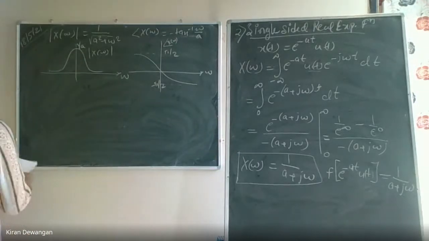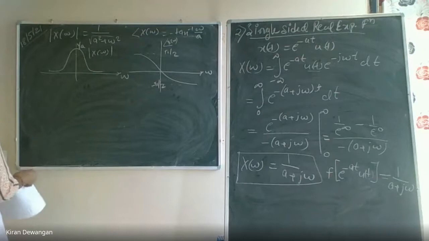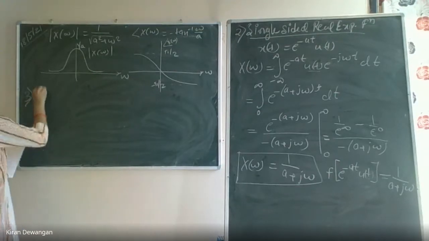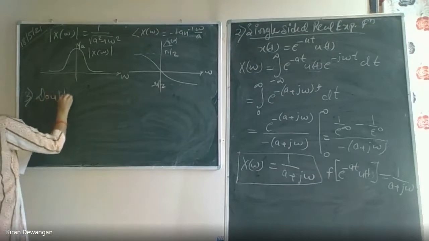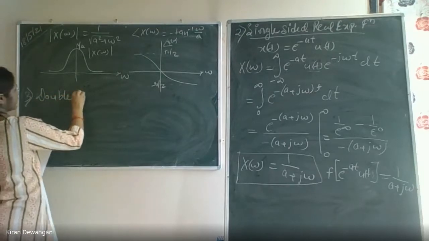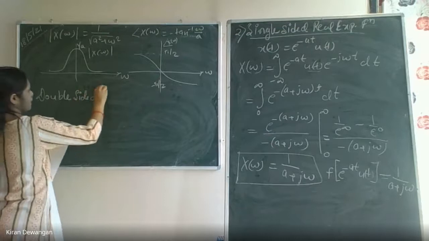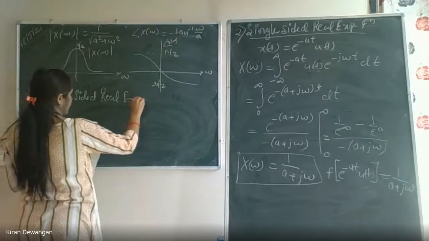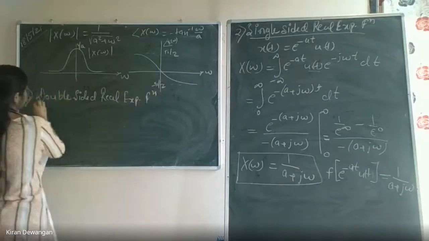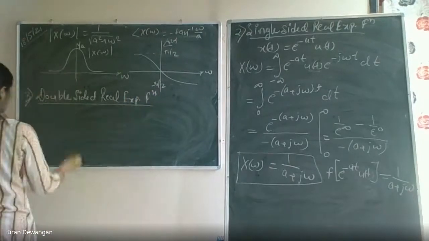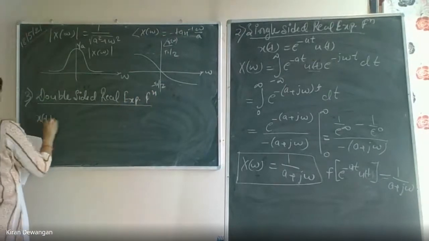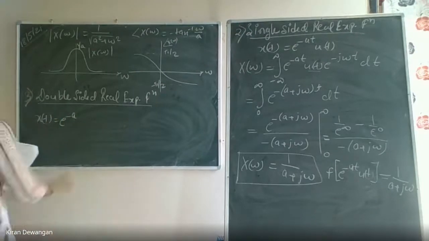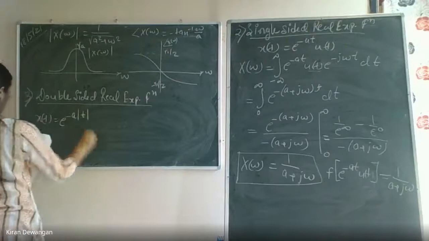Now we can go for the double sided function. The third one is the double sided real exponential function. Now double sided, in that case x(t) will be e to the power minus a mod of t.